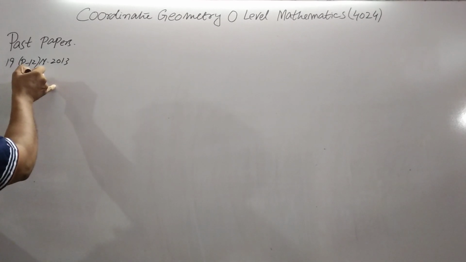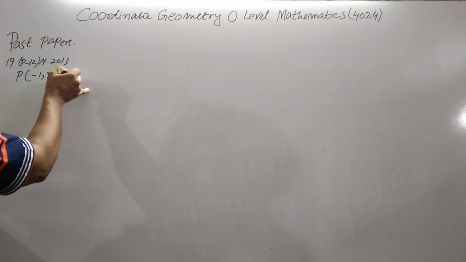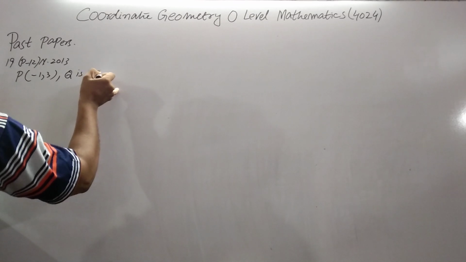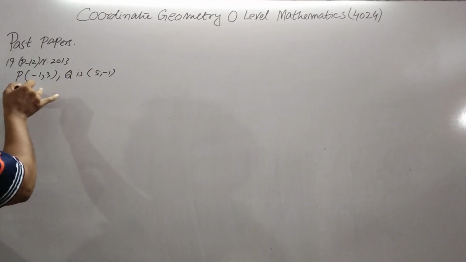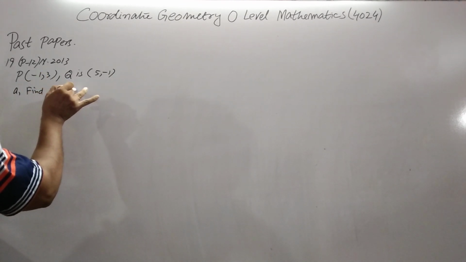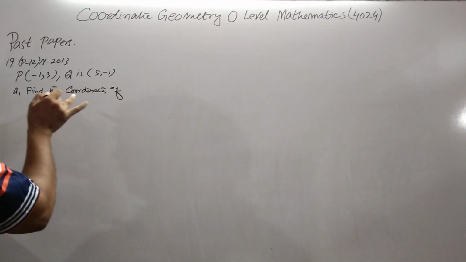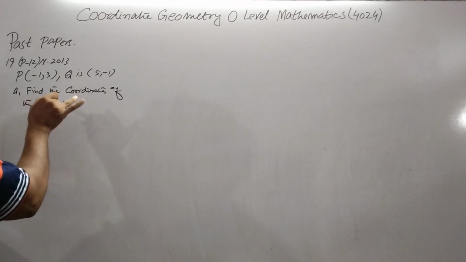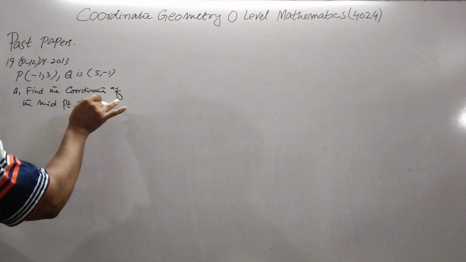P is (-1, 3). Q is (5, -1). Part A, find the coordinates of the midpoint of PQ.